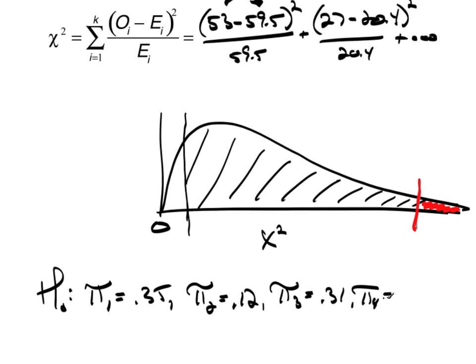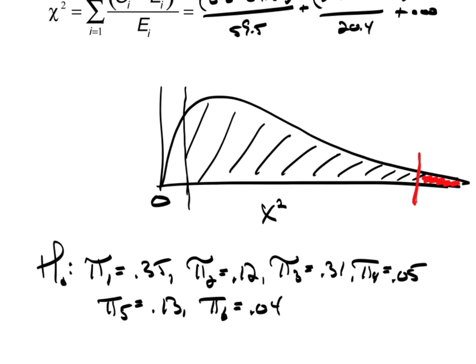Pi 4 equals 0.05. And let's see, we had pi 5 equals 0.13. And pi 6 equals 0.04. In other words, these true proportions that we got from the census, or wherever it is that we actually got them from, we're saying here that these are correct.